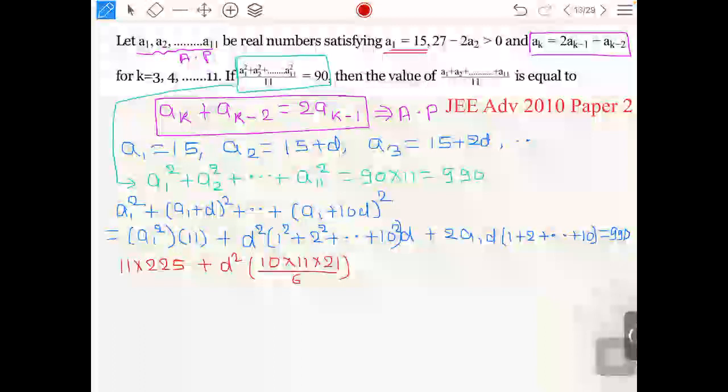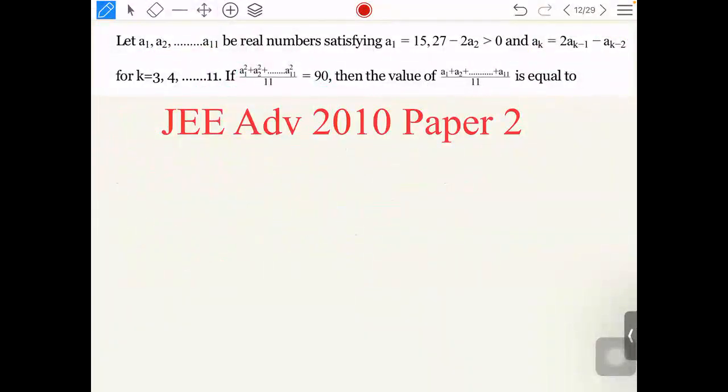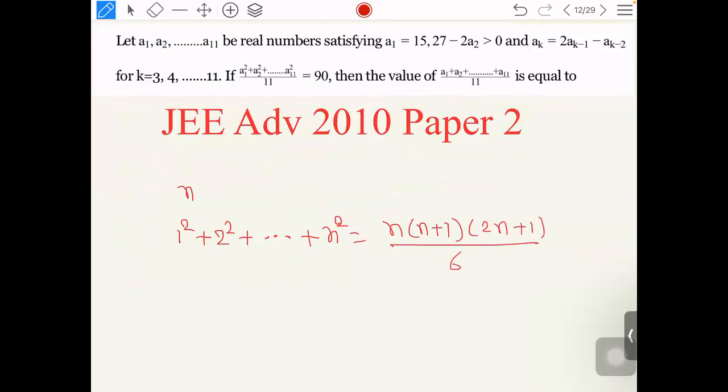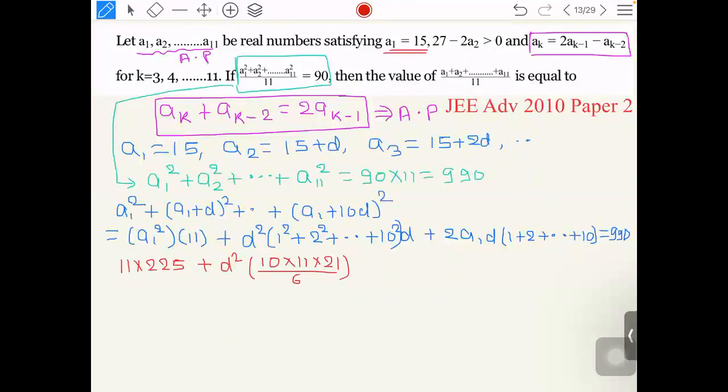Why? Because we know that 1 square plus 2 square plus dot dot dot up to n square is equal to n into (n plus 1) into (2n plus 1) by 6. In this formula we put n equal to 10 and we get this.